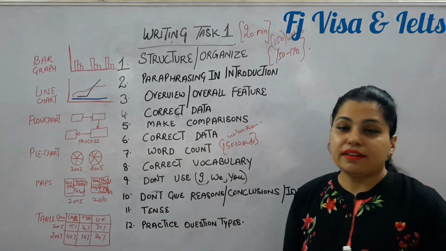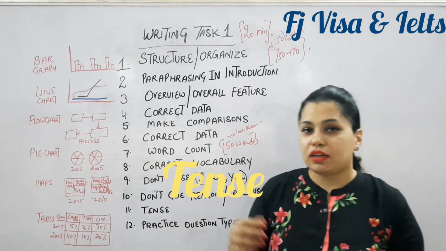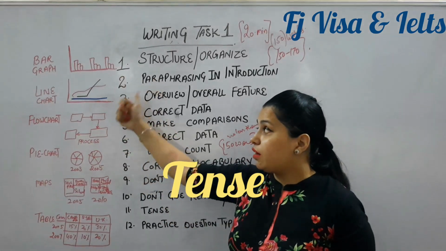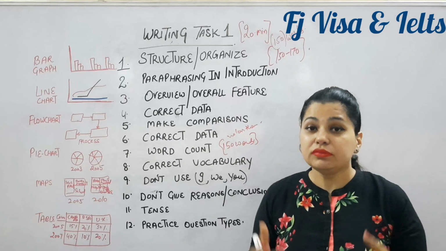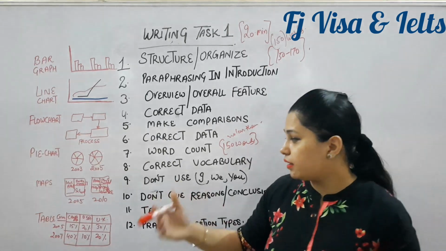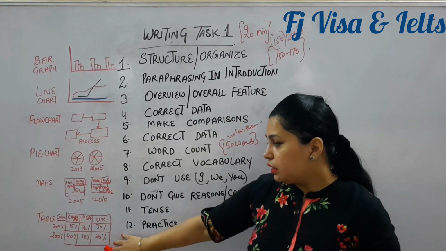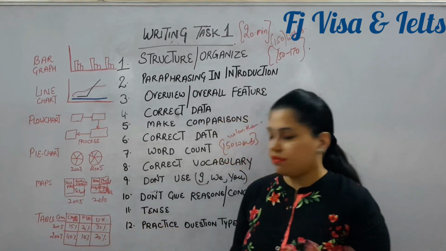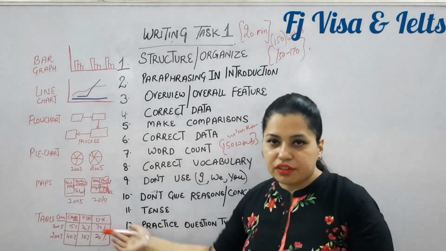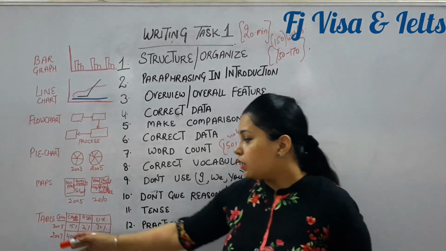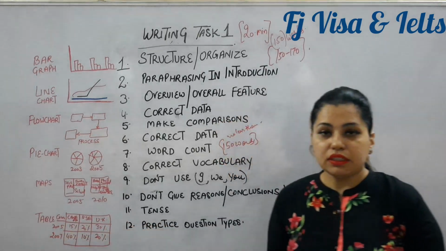Point number 11, correct tense should be there. Like we see in bar graphs or line graphs, there are years given, time is given. Like I have given in this table 2005 and 2007. Let's assume that this is the sale of books in 3 countries, Canada, USA and UK, in 2005 and 2007.